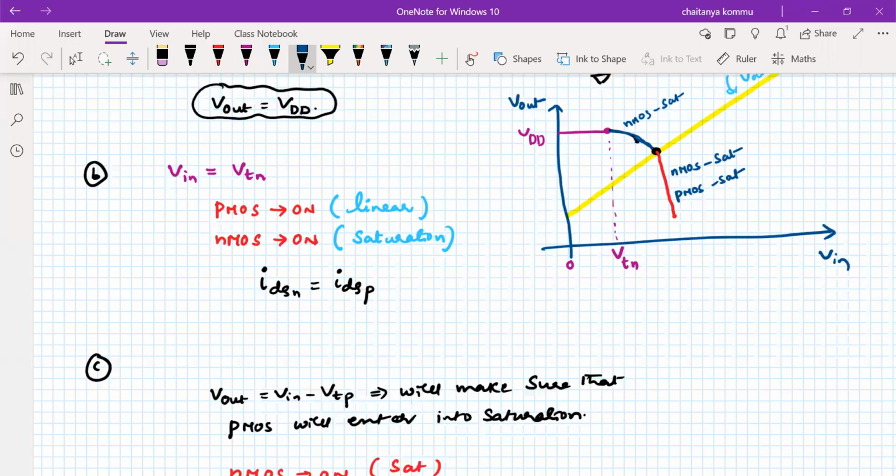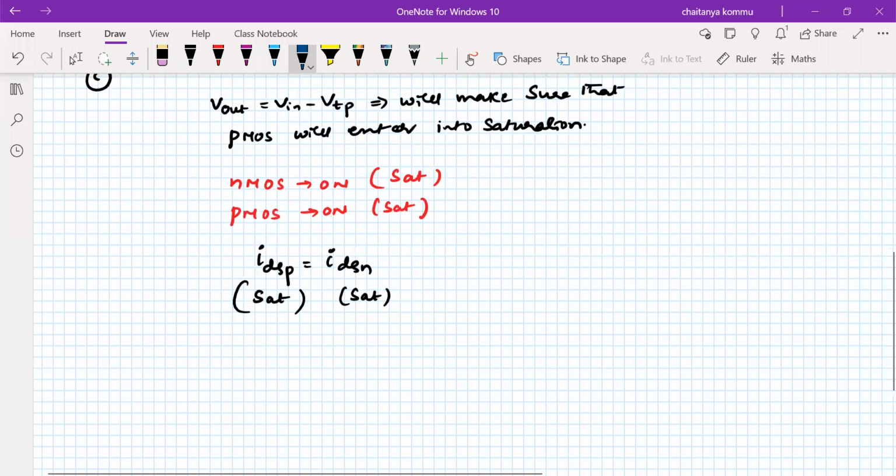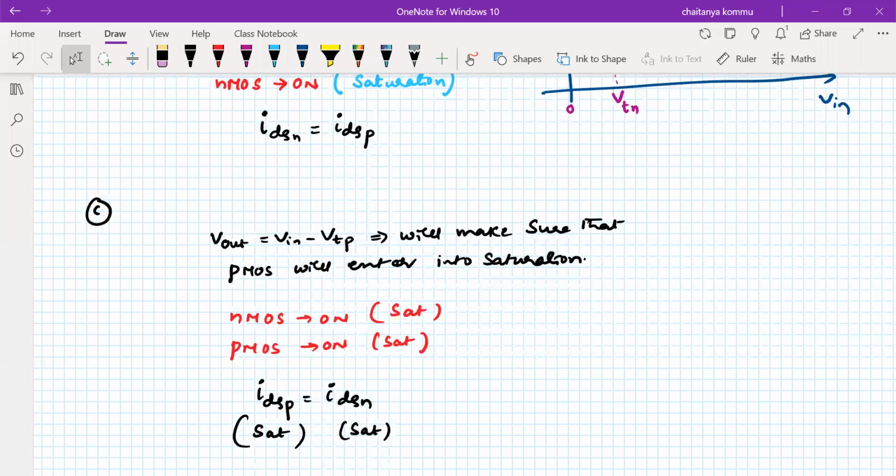So the fourth case is where both transistors are in saturation.